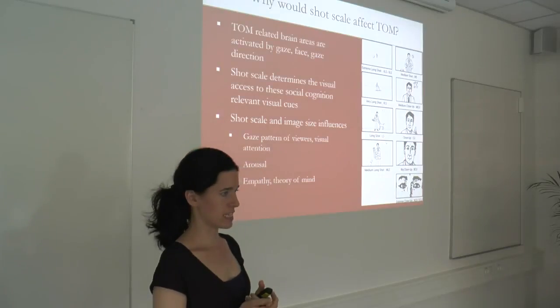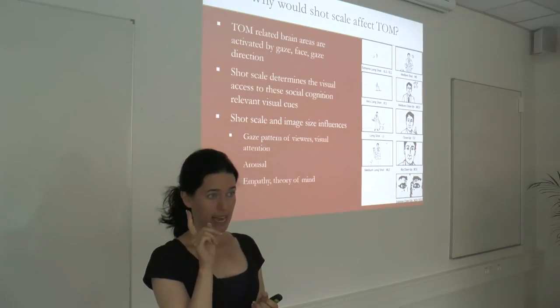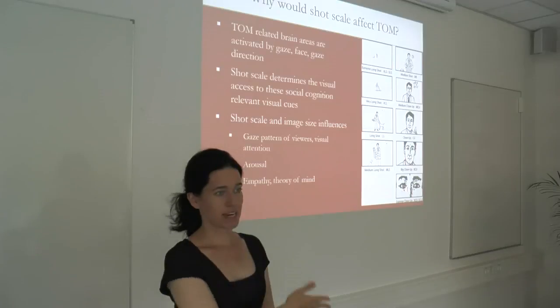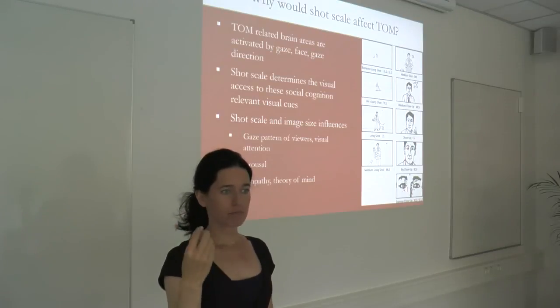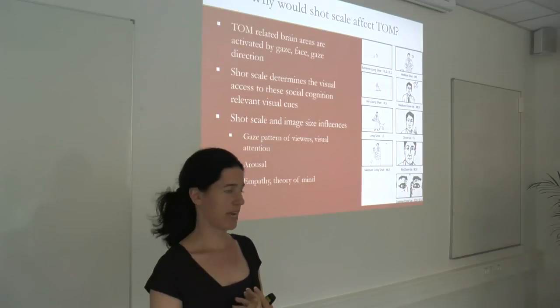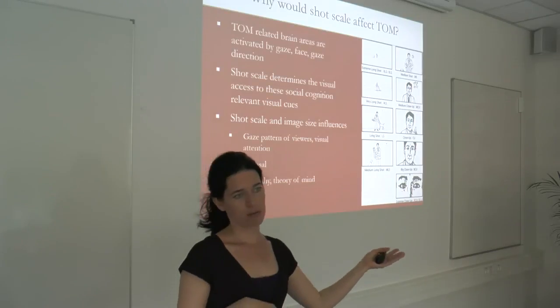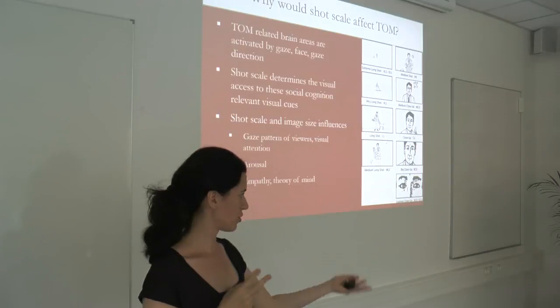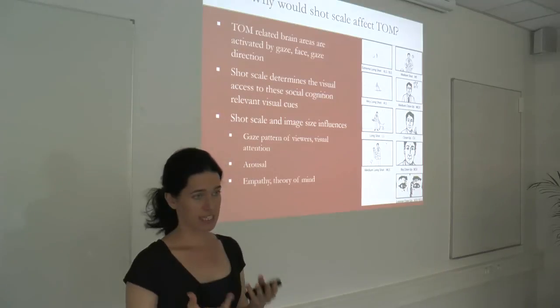So whenever we see an eye movement, I look there, I look at Brandon, you will instantly infer an intention on my side. I want to tell him something, or I want to show him something, or I have an intention.